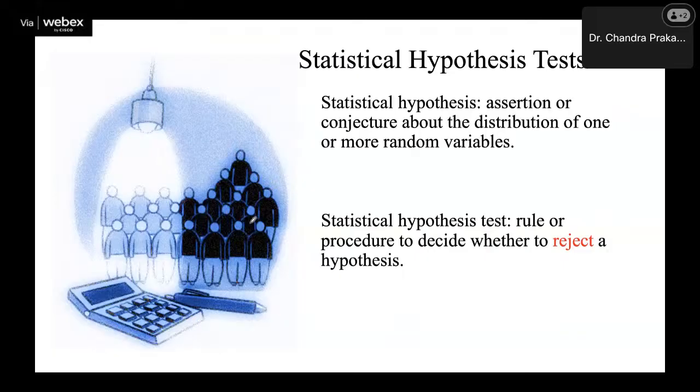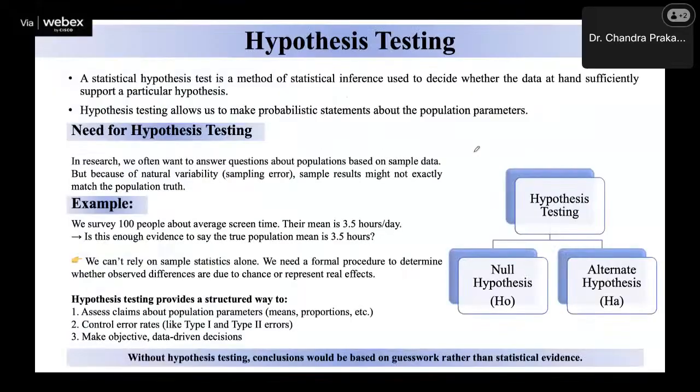So I'm considering that it is a positive effect. It is an assertion or conjecture about the distribution of one or more random variables. And for that, we have test rules or procedures to decide whether to reject a hypothesis or not.